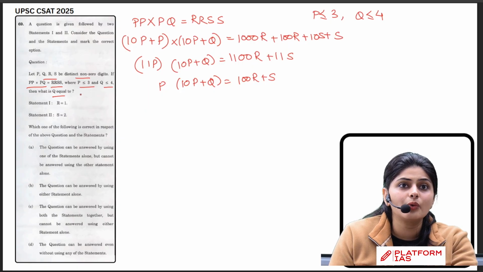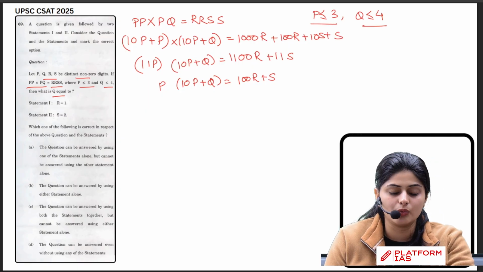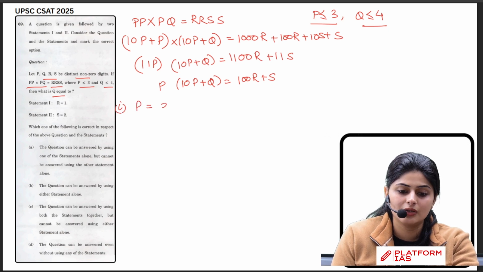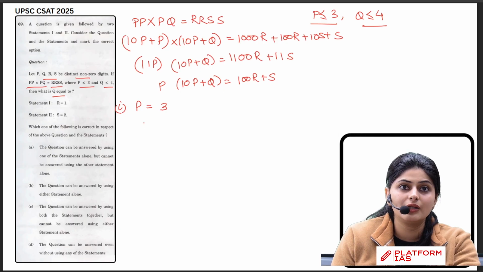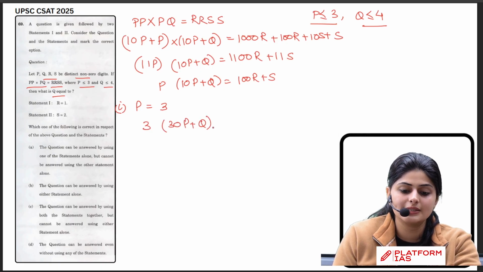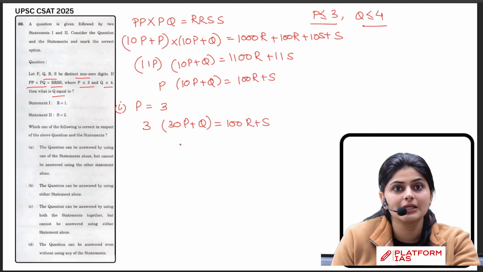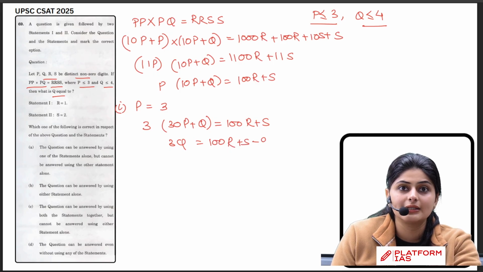Yes, and the question says that P is less than or equal to 3 and Q is less than or equal to 4. Now if we take P equal to 3 as the first case, then substituting the value here, we'll get 3 times (30 plus Q) equals 100R plus S. So 3Q will be equal to 100R plus S minus 90.